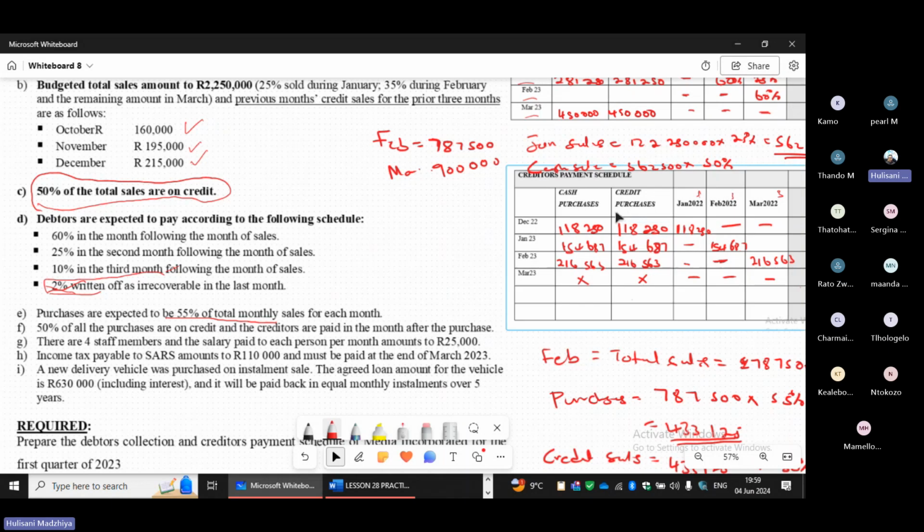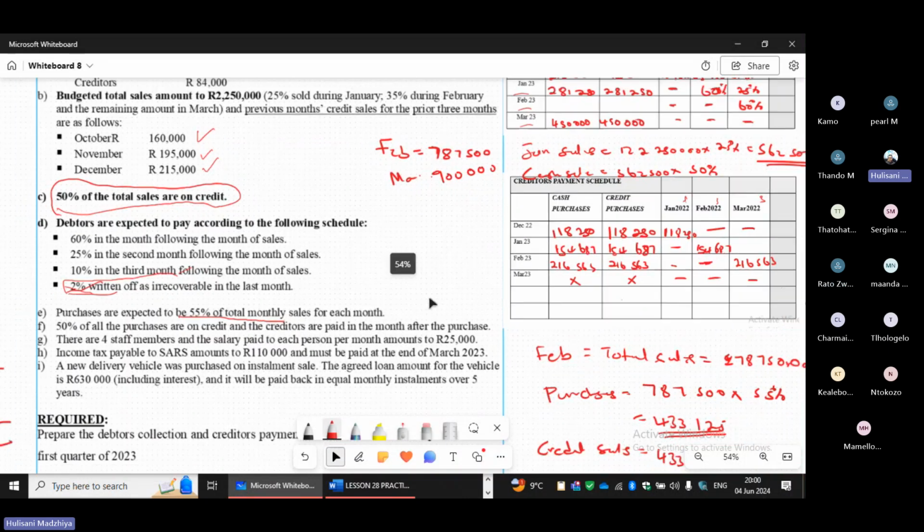We need information on which month the creditors balance came from. In this scenario, the only thing we can identify is the credit purchase for December, which is 118,250. Since we bought stuff in December, it will be paid for in January. That's why I only worked with the 118,250. Okay.